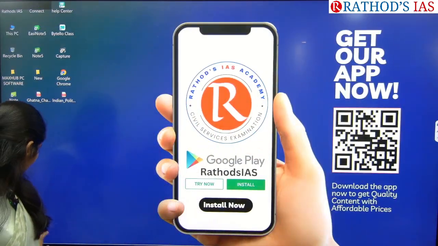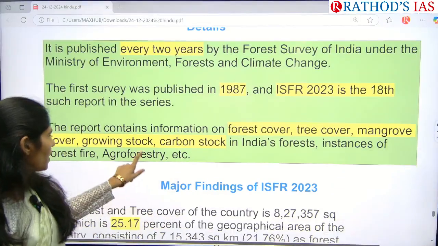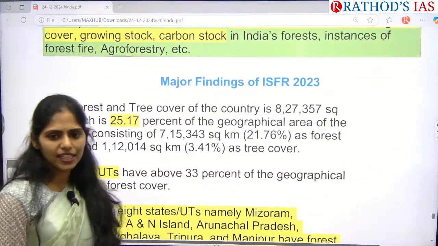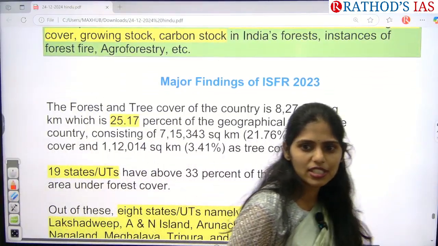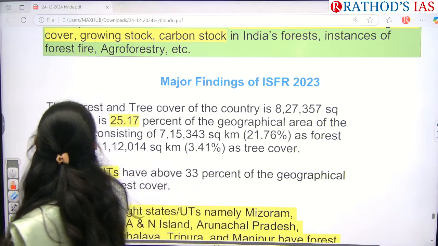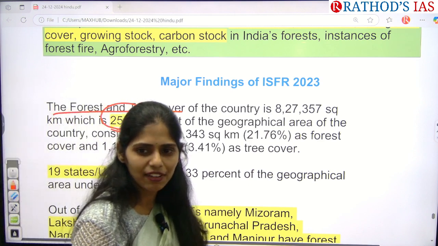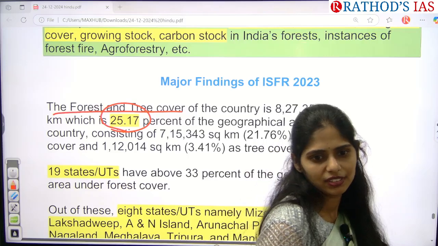Okay. So actually what this report is saying, as I said, is that tree cover and forest cover have increased. There is a 25.17% increase of tree and forest cover. So can you tell me which state in our country has the highest tree cover?